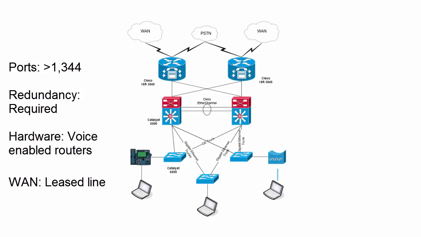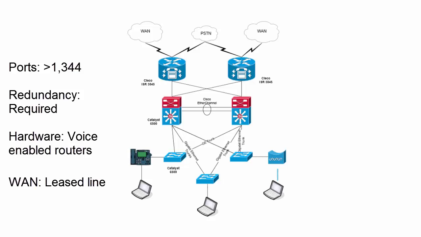A large size office is defined as one that has the following characteristics: 1,344 access ports and beyond, with no restriction on the number of wiring closets. Redundancy is achieved by deploying dual WAN gateways, each with their own WAN circuit. Each LAN switch is deployed with dual supervisors and dual power supplies.